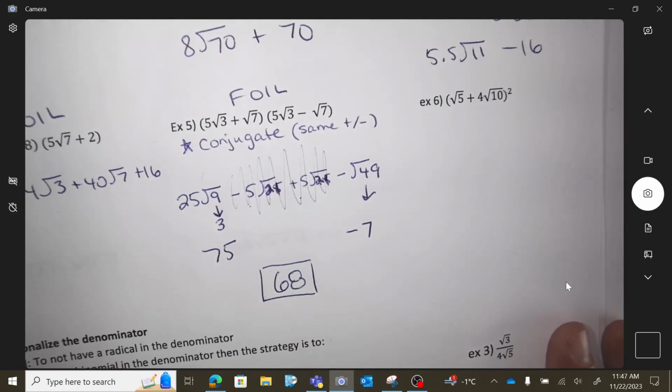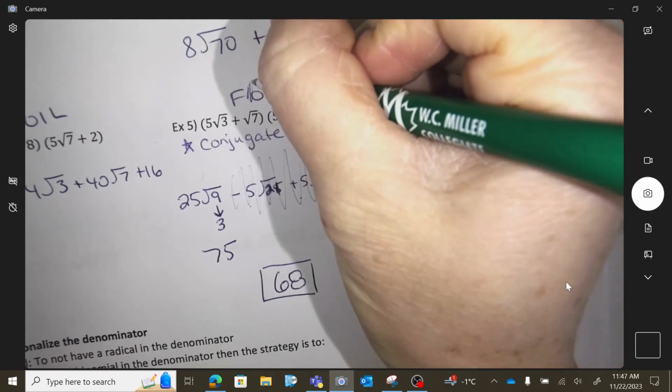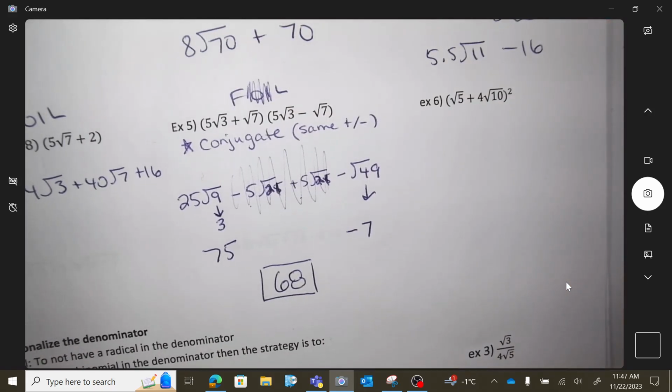A conjugate is the same numbers in the places except for a plus and a minus between them. So guess what conjugates do? Conjugates will always have that happen to them. My FOIL can cheat and become a shortcut.